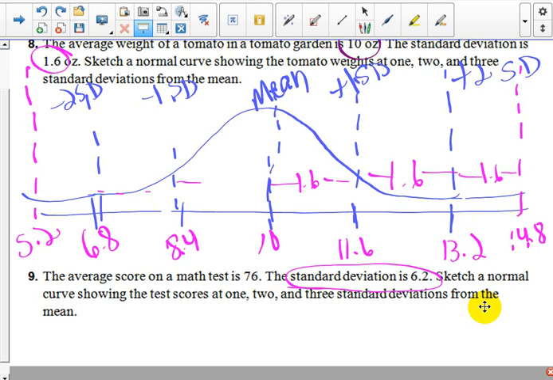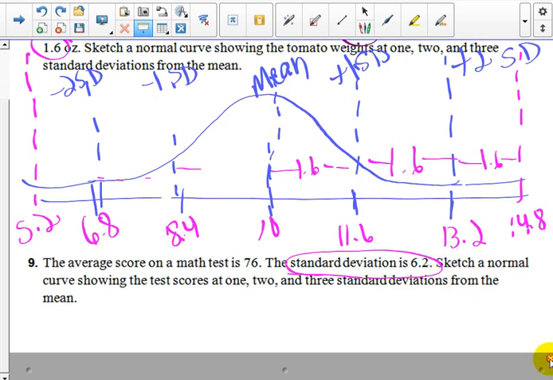So write that out real quick. The average score is 76, so that's your mean. And standard deviation is 6.2.